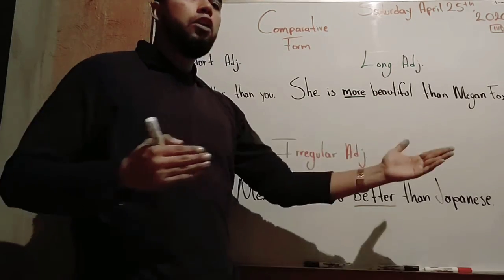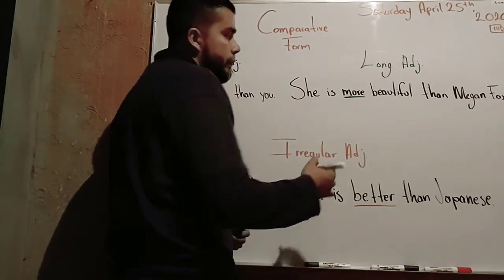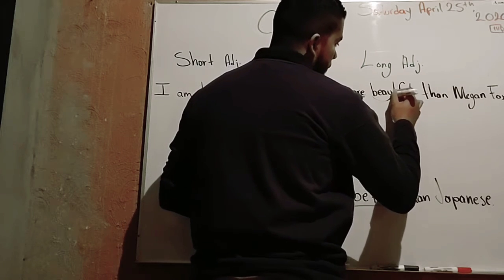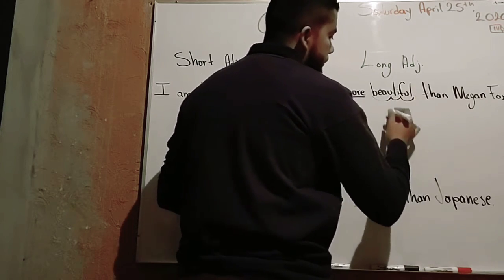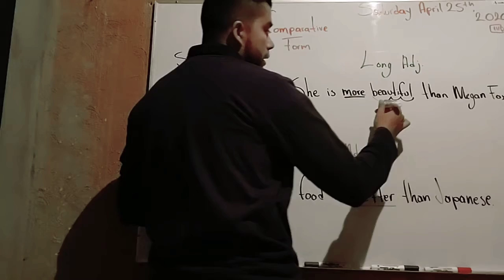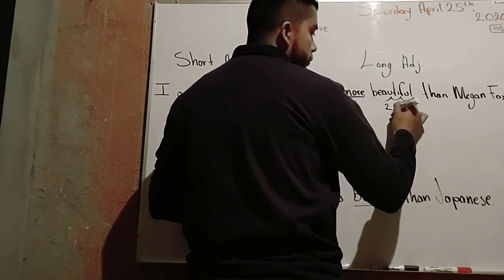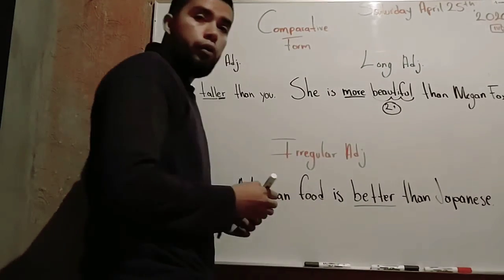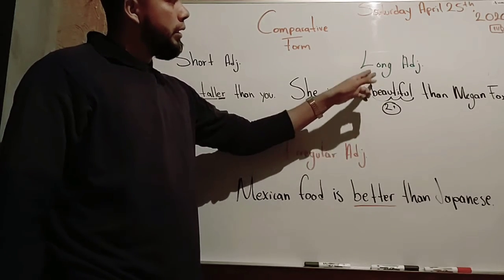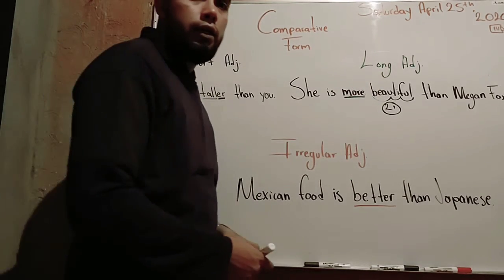When we have a long adjective, beautiful. 3 syllables. When we have 3 syllables or more, it's going to be a long adjective.